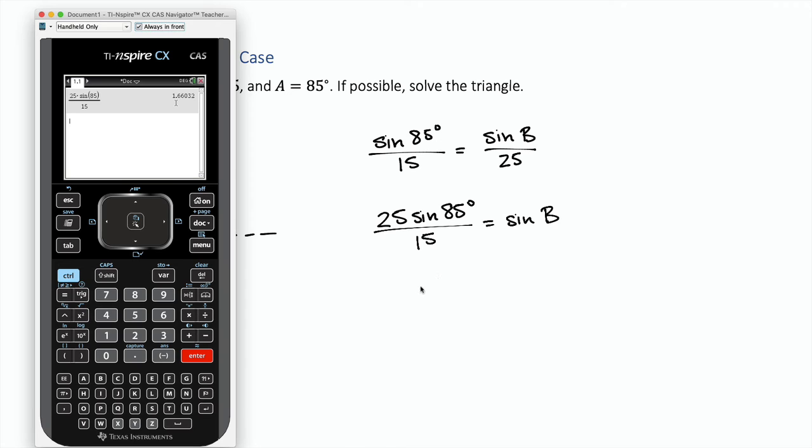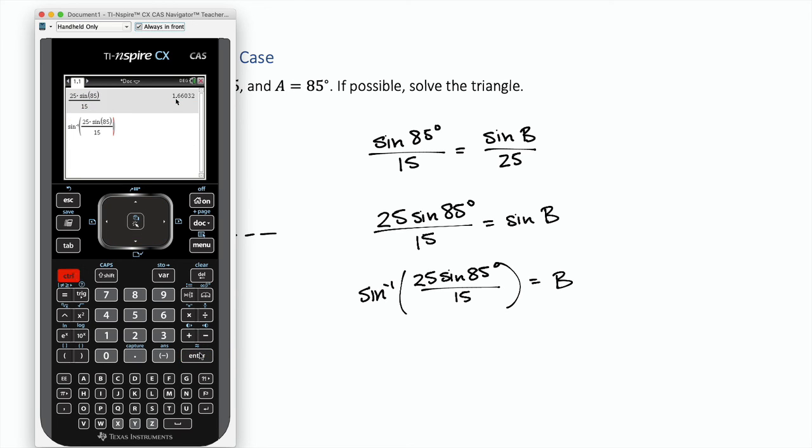Now, if you don't catch that, that's fine, because to solve for B, you do the sine inverse, or arcsine, of that thing, 25 sine of 85 degrees over 15. And that would be the angle B. Well, if we go ahead and do that, there's our inverse sine of that thing.